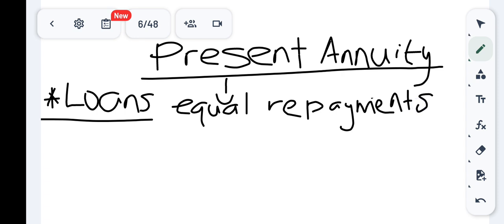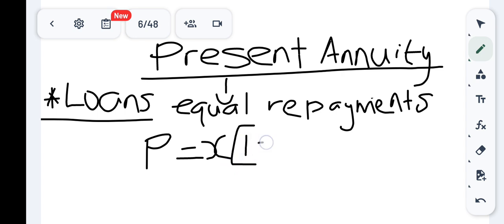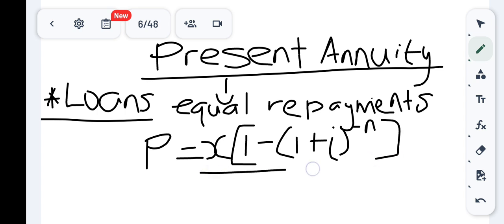So how do we calculate present annuity? P is equal to X, 1 minus (1 plus I) all to exponent negative n, all over I. So this is the formula that you will use when dealing with calculations involving present annuity.